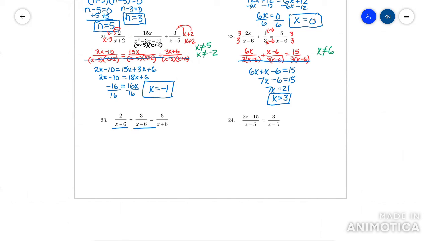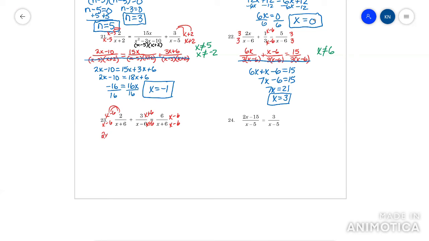Both of these puzzle pieces are going to be your common denominator. So the fraction on the left needs x minus 6. Fraction in the middle needs x plus 6. The fraction on the right needs x minus 6. So it's going to look like this. Just don't forget to distribute.